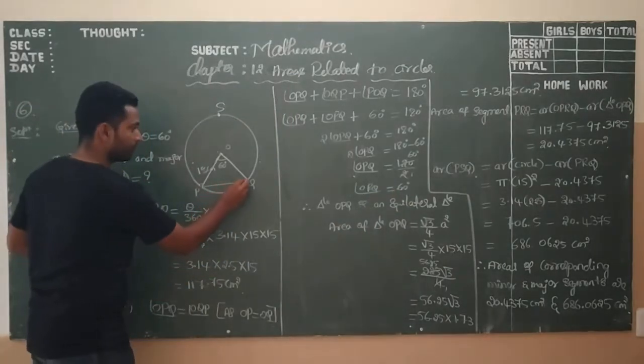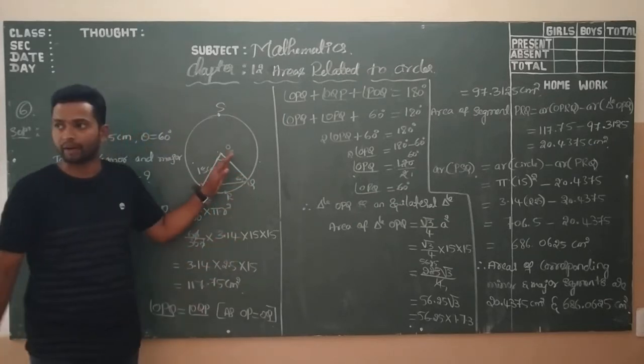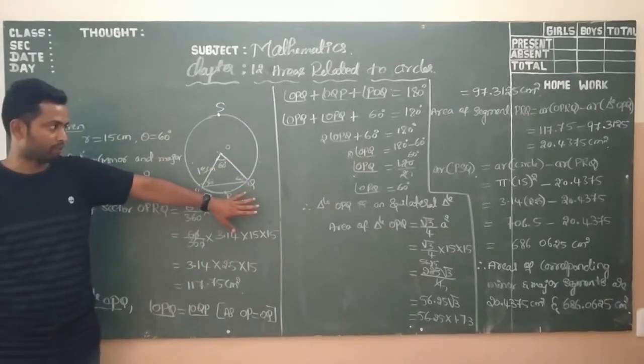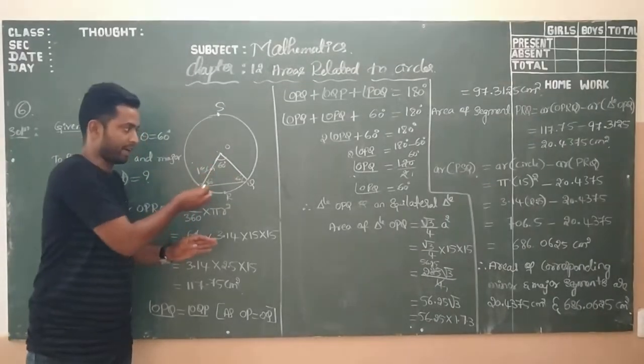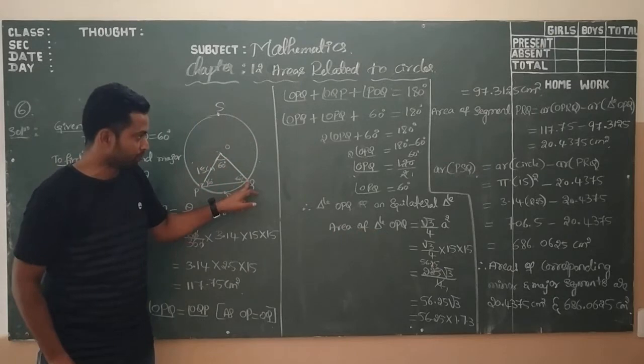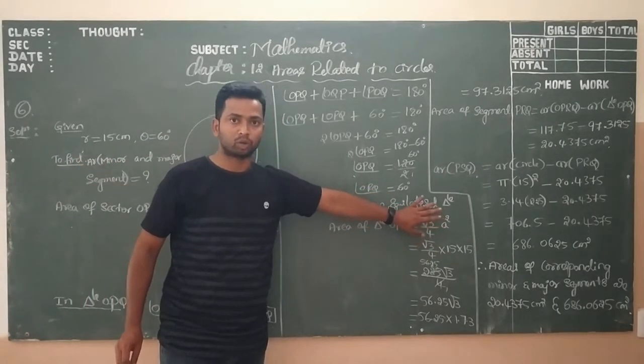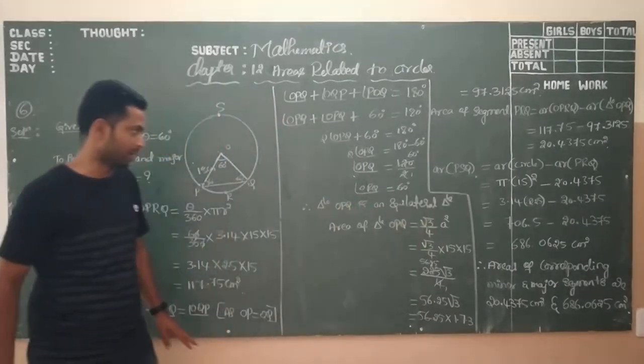So this is also 60 degrees. Okay, if this is 60, this is also 60. That means it is an equilateral triangle. So the area of triangle OPQ is root 3 by 4 a square. This is the formula to find the area of an equilateral triangle.